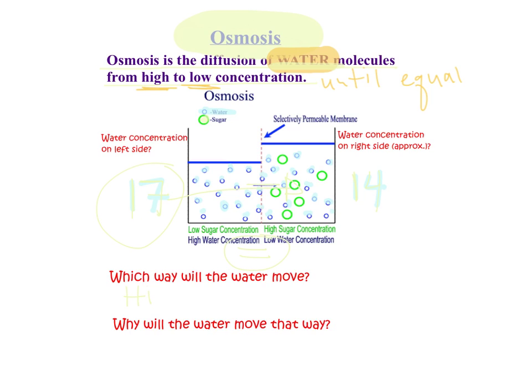From the high concentration to the low. Once they're equal, they'll just go back and forth, always staying equal.